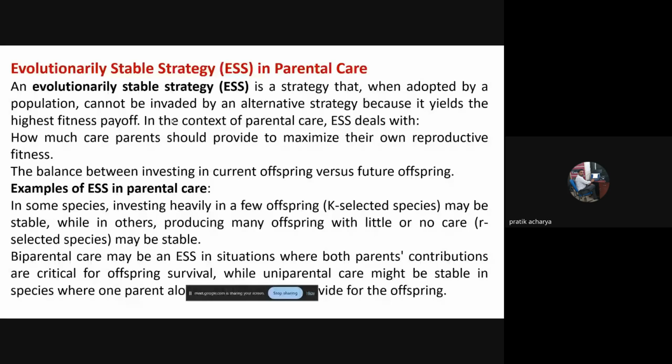It is a strategy which, when adopted by a population, cannot be invaded by an alternative strategy because it yields the highest fitness payoff. Okay, so examples can show the strategy. I think we should stop here.